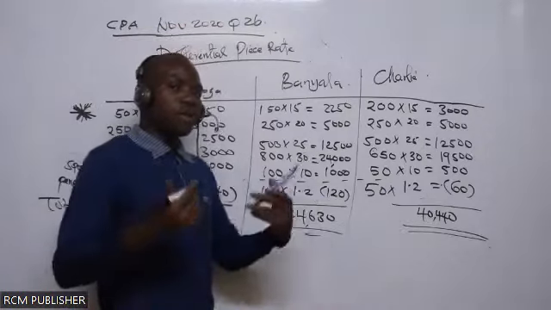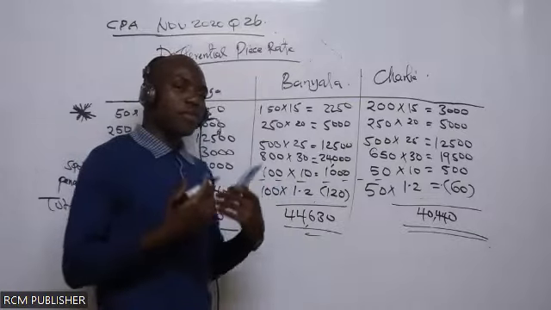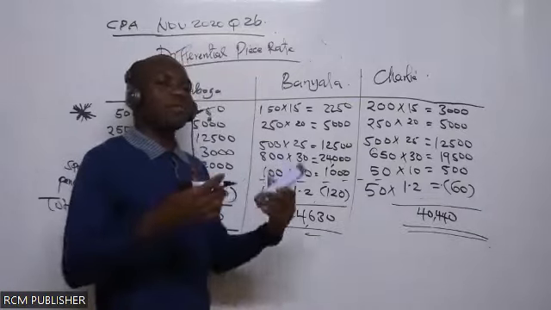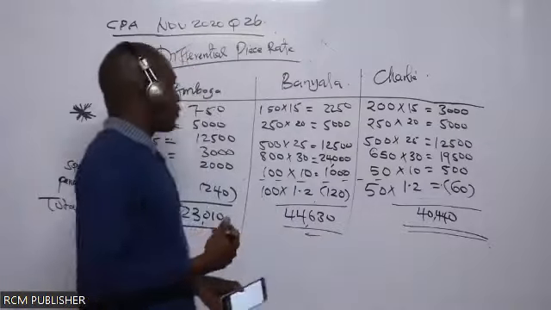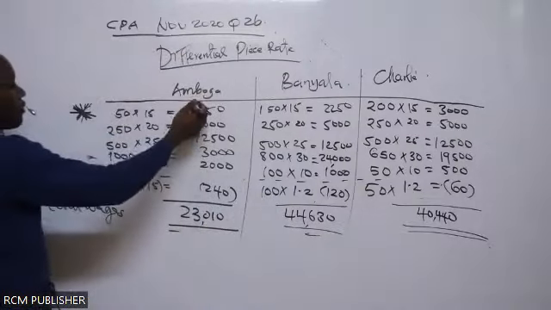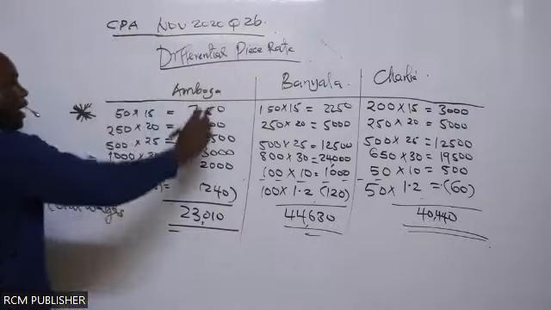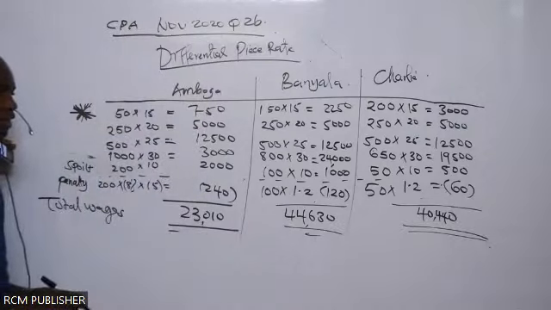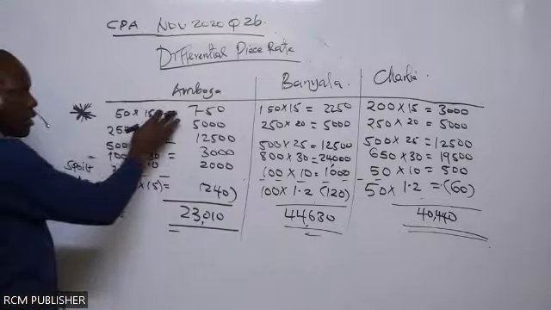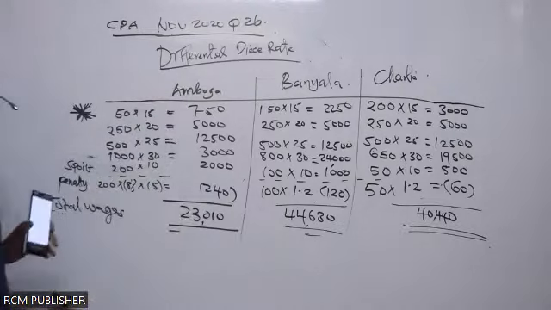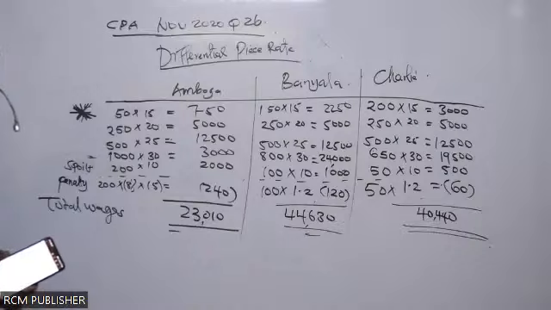Employees try to maximize what they are receiving from the company, trying to maximize their claims. So, Amboga, between this one here, under differential and the guaranteed piece rate, are we going to adopt the differential or the piece rate? Amboga's total, or is there a problem with this?